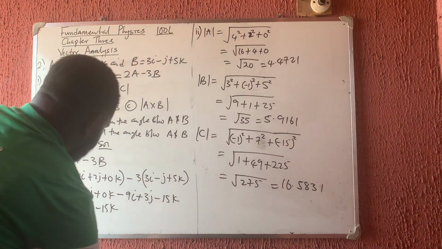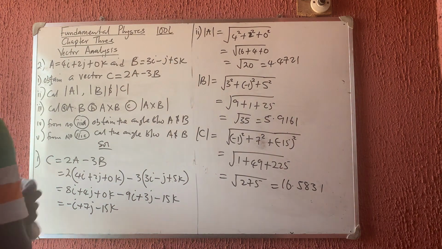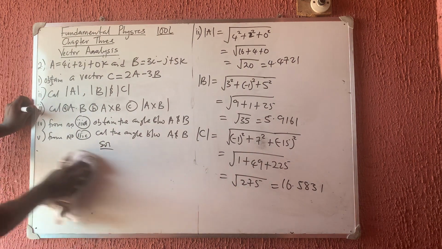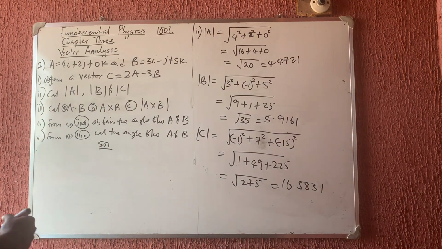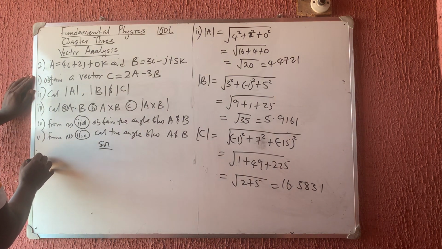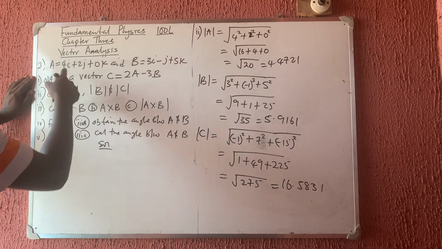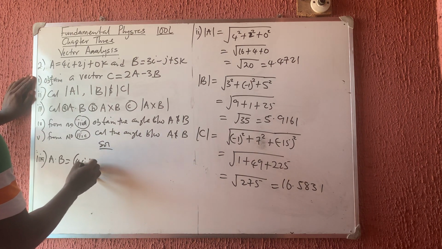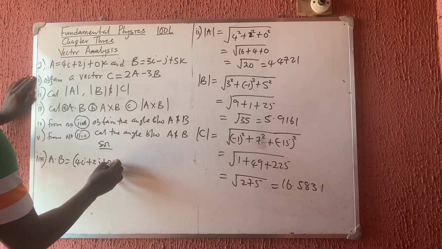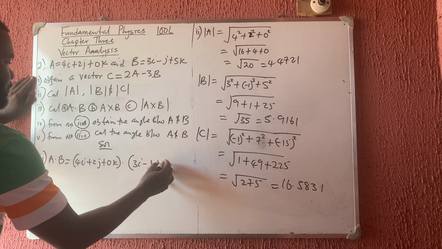Right? So the next question now said we should calculate A dot B. A dot B simply means my A is 4I plus 2J plus 0K dot 3I minus J plus 5K.